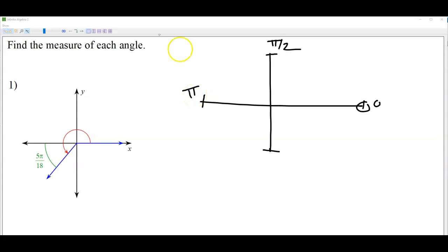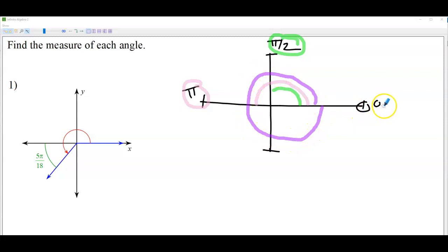And here's what I want you guys to be aware of here, is that anytime you have this much of a turn, just a quarter turn, that's pi over 2. And anytime you have this much of a turn, in other words, half of a full circle, that's going to be pi. Okay? Now, I think we might get to see some where we go all the way around today.